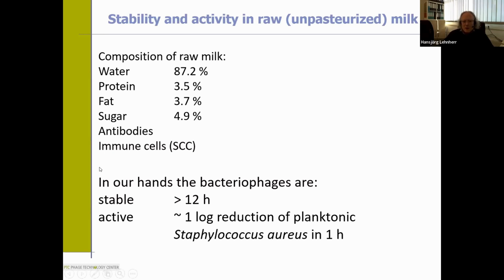And so we made our analysis and we find short-term stability, so 12 hours, 24 hours, that's fine. And we find the phages are active. We see about a 1 log reduction of Staphylococcus aureus in 1 hour. Now, 1 log reduction is not really that great. We would have preferred 3 log reduction, but that's what we observed. We thought that's good enough to think about an experiment in vivo.